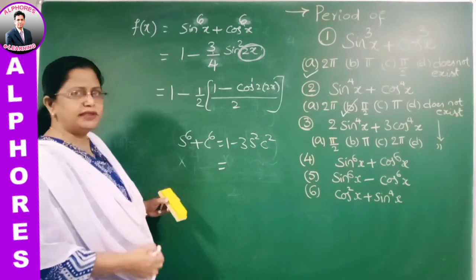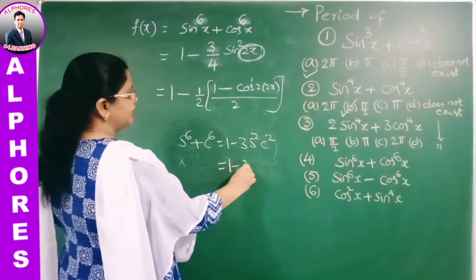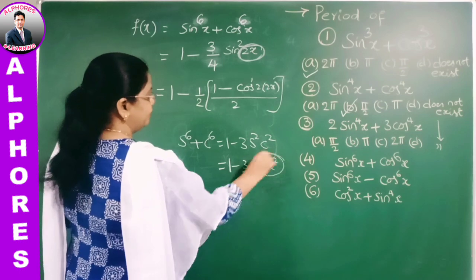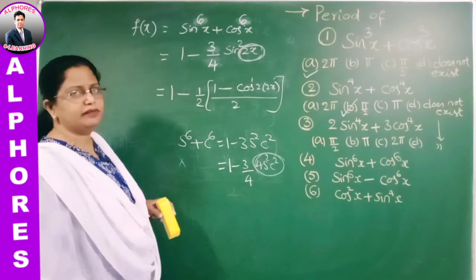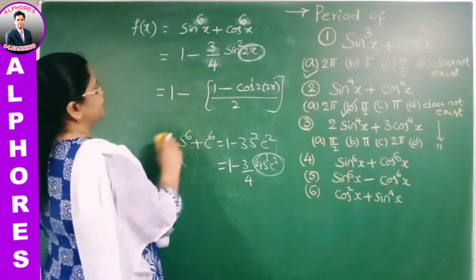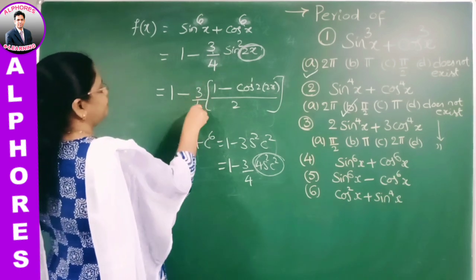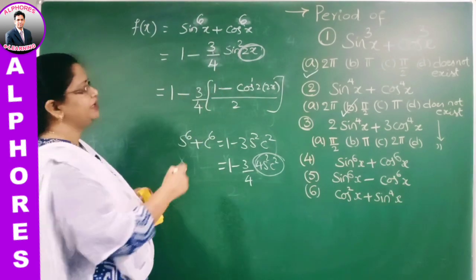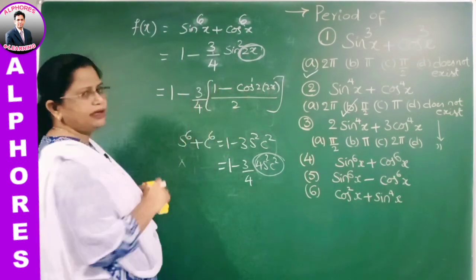Later in multiple submultiple we have taken this one as 1 minus 3 by 4 into 4 sin square cos square, whereas that is nothing but sin square 2x. So here the same value we write. This is how much now? 3 by 4. Because it is in second degree, we want to convert it to first degree. So you got again the same kind of value.